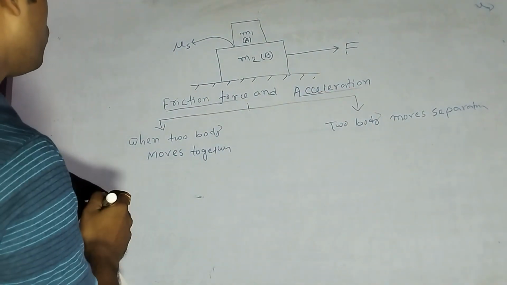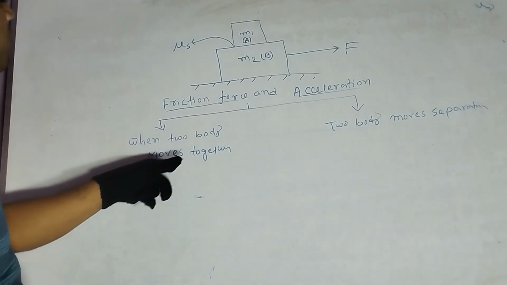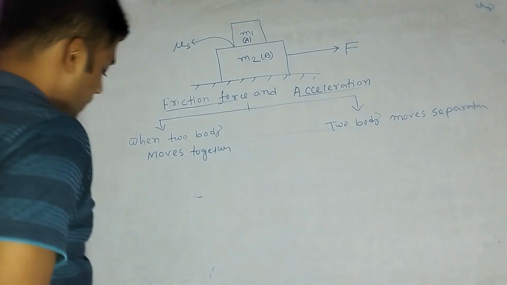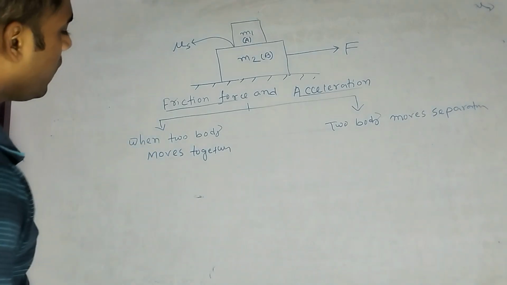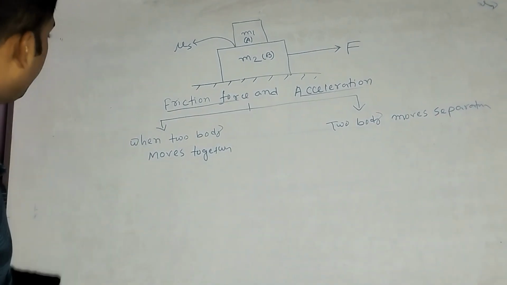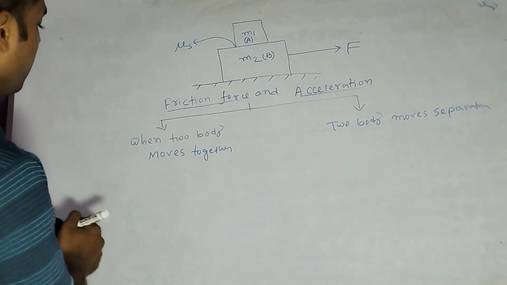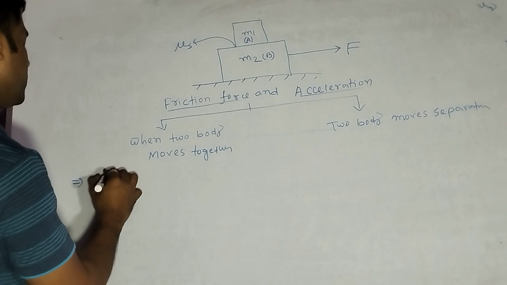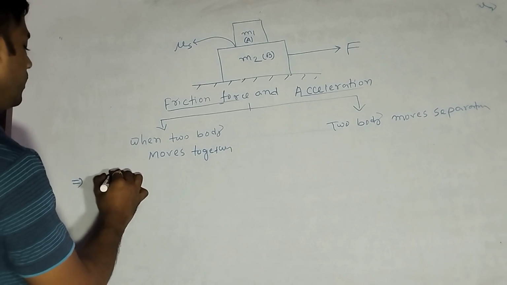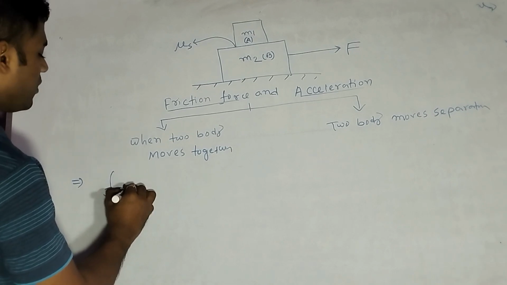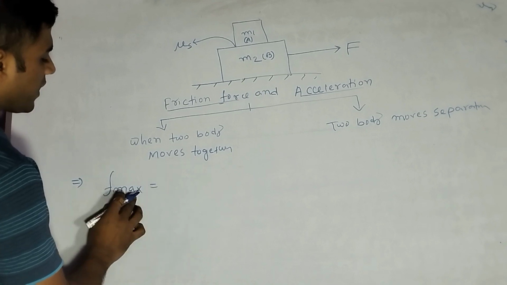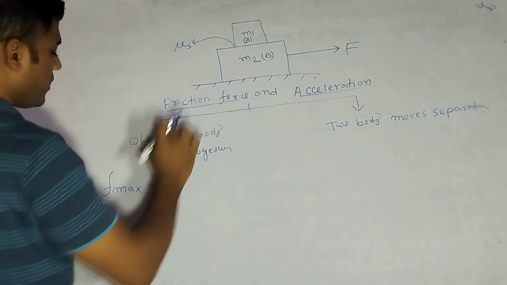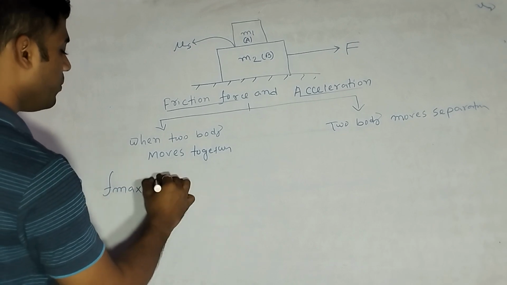In these two conditions, when the two bodies move together or move separately, find the friction force and acceleration. To solve the problem, first calculate the limiting value, F max, that means the maximum friction force between the two blocks.